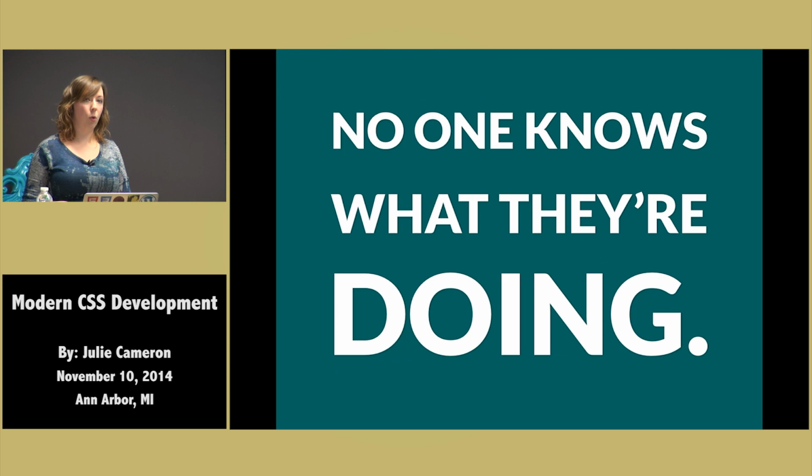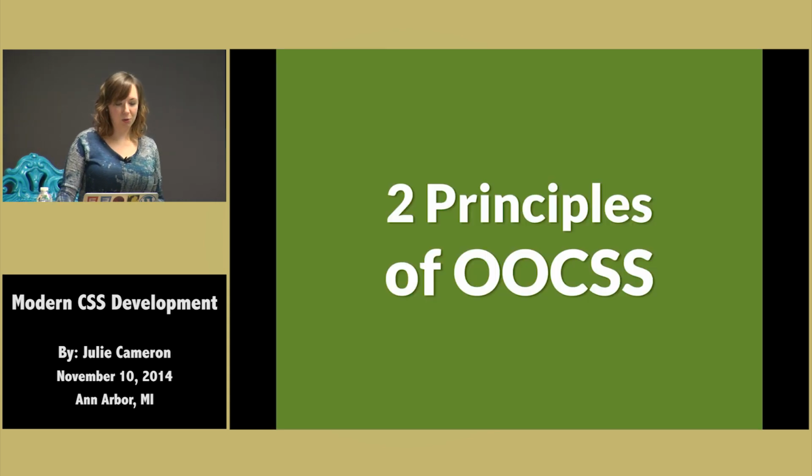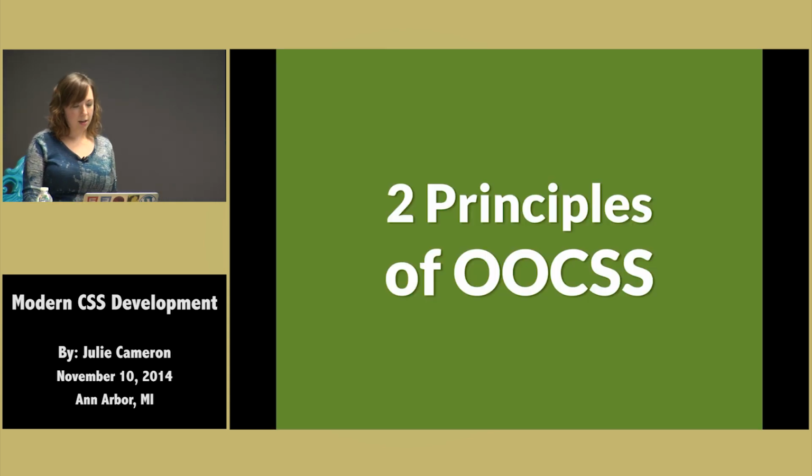We've really only started diving into them in the last 2 or 3 years, which is a long time, but in dev land it's not. So no one really knows. No one has formed any consensus that one way is the best way. We're all just kind of experimenting, and every single project that you end up doing is going to be kind of different. So with that, let's move on to OOCSS.